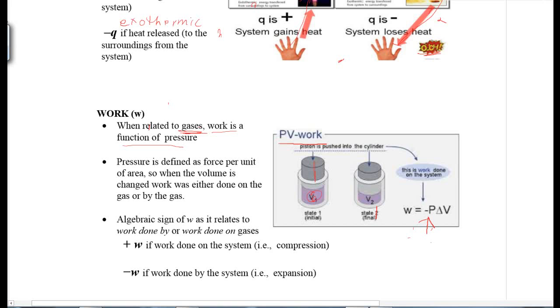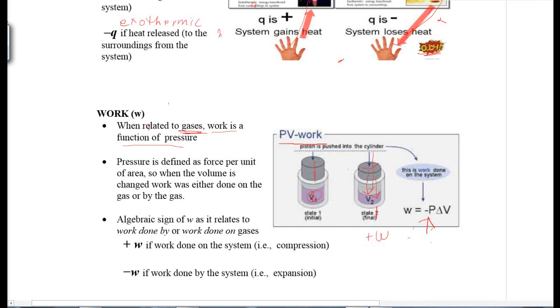What happens in this reaction is the volume goes down, and as it goes down, the plunger comes down. And because the plunger is coming down, the work is being done on the system. It is compressing it, and because it is compressing it, that is positive work.